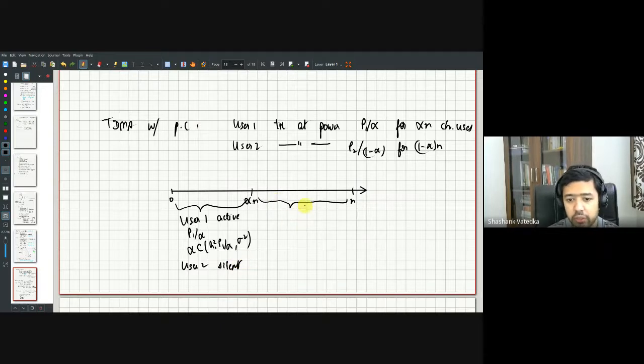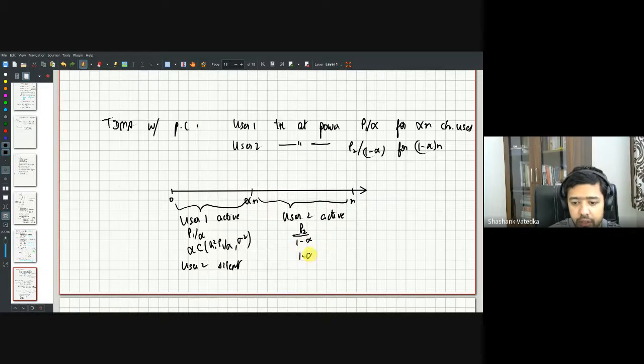And in the remaining 1 minus alpha fraction of the time, user 2 will be active, and he's going to transmit using power P2 by 1 minus alpha.